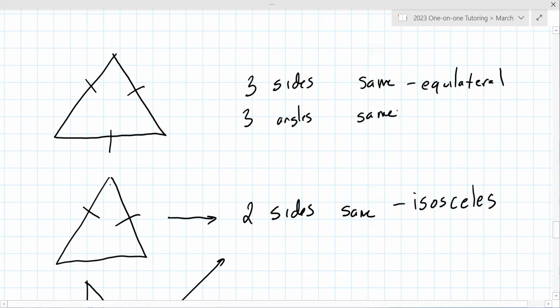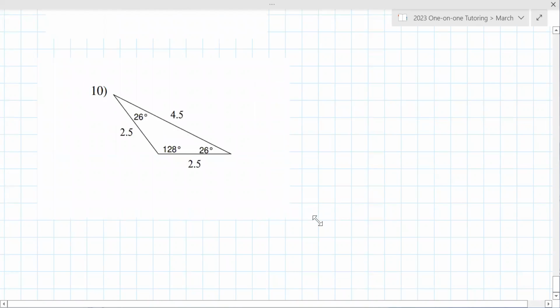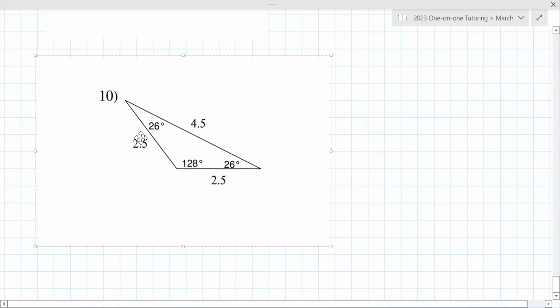All right, let me know when you're ready for us to move on to another problem here. All right, so again, just look at the sides. Just look at the three sides. Is this equilateral, isosceles, or scalene? Isosceles.